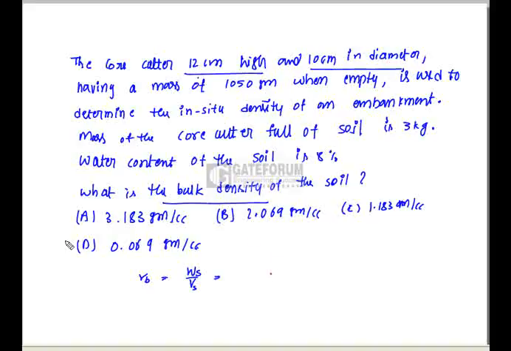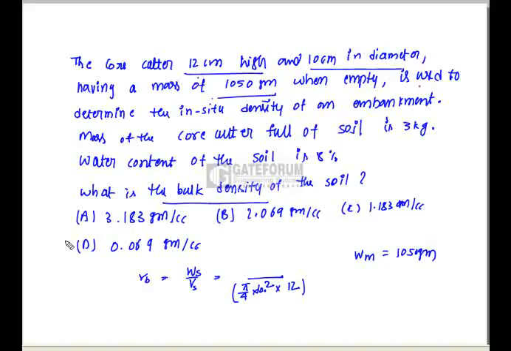From this we can find out the volume of the mold, that is pi by 4 d square, d is 10 centimeters, into height 12 centimeter. This is volume. Weight of the soil we have to find out. In this question the mold having a mass of 1050 grams. Weight of mold is 1050 grams.